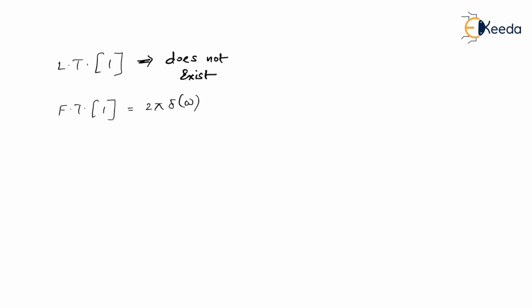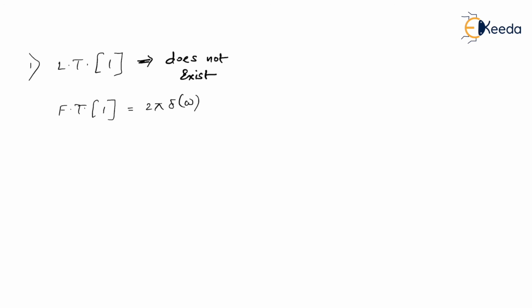The only extra thing that I want to discuss with you. On the conclusion side, I can write this as Laplace transform of 1 does not exist. But if you remember, the Fourier transform for 1 does exist, and it is 2 pi delta of omega. So this is something that you should connect and you should know.